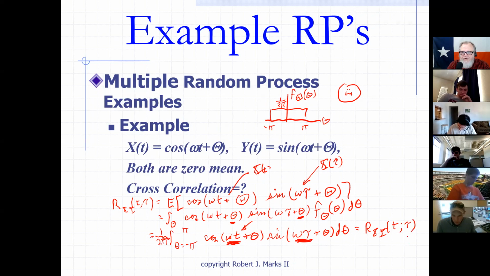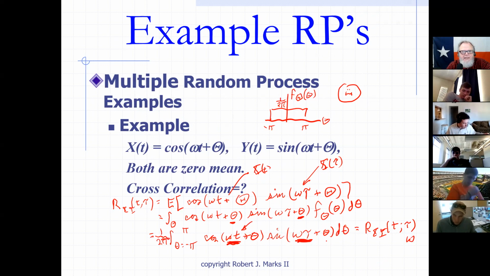And it's also going to be a function of omega. That's just a tag-along variable. So this is how we can generate the cross correlation in a very easy problem of two sinusoids.